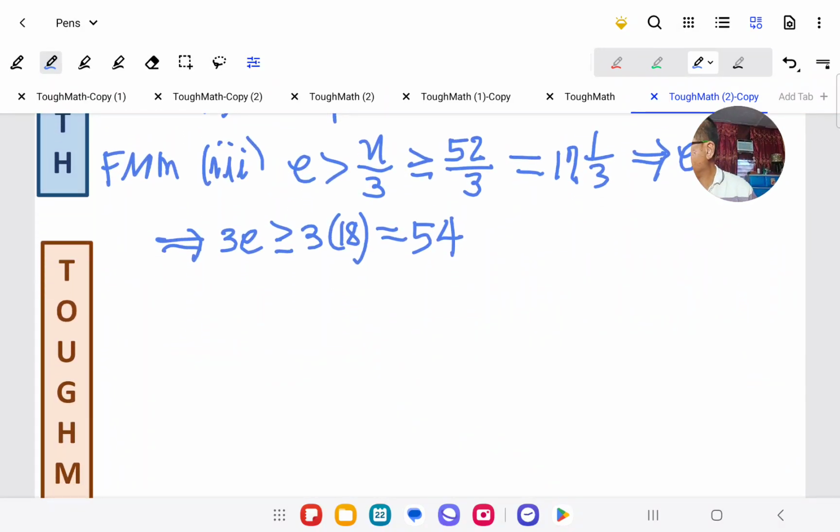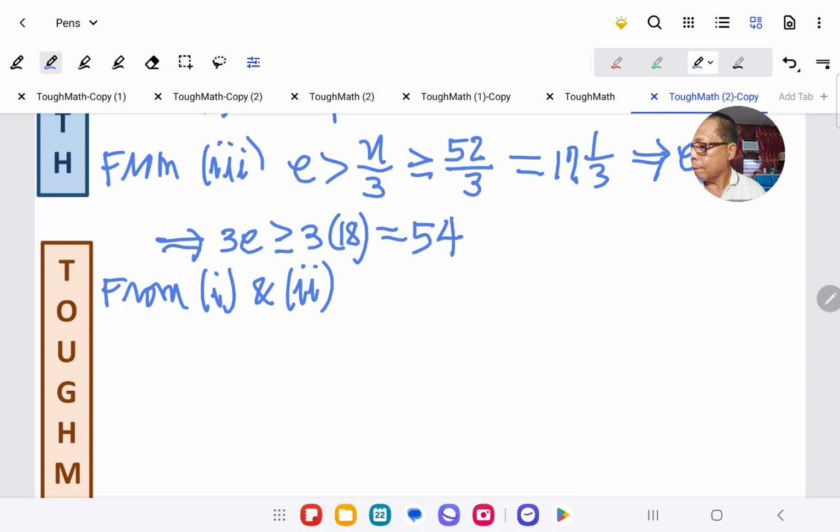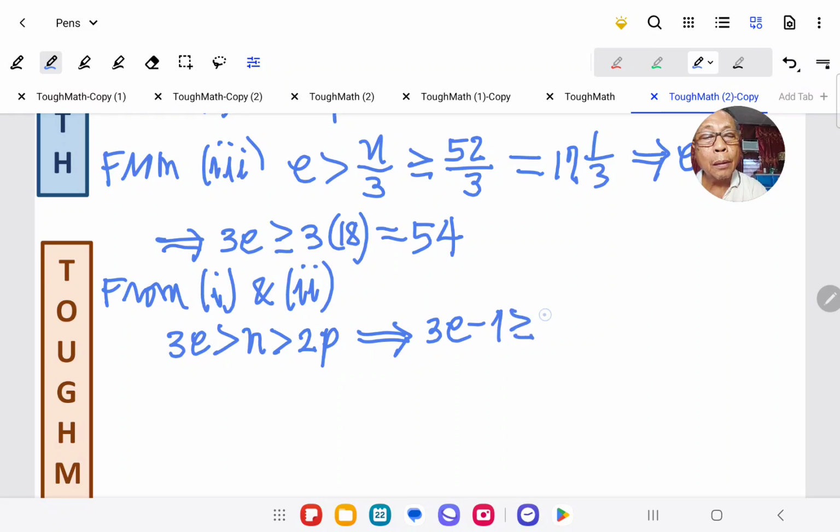And then also from both the first and the second inequalities, 3E is greater than N is greater than 2P, which implies that 3E minus 1 is greater than or equal to N, and in turn N is greater than or equal to 2P plus 1.